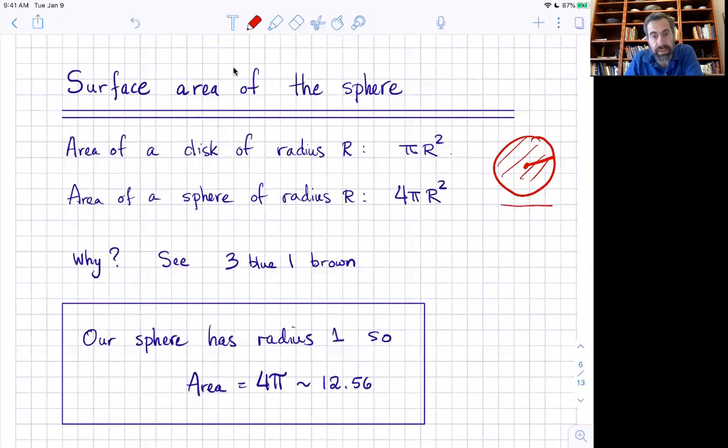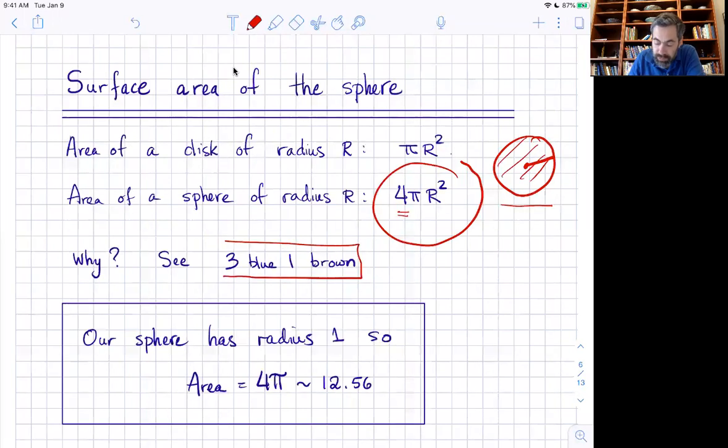The thing that we are going to use today is that the area of a sphere of radius r is exactly 4 pi times the radius squared. I'm not going to explain that 4 today. If you want a really good explanation, you should go see one of the videos of 3Blue1Brown, who does a really beautiful job of explaining where this 4 pi comes from.